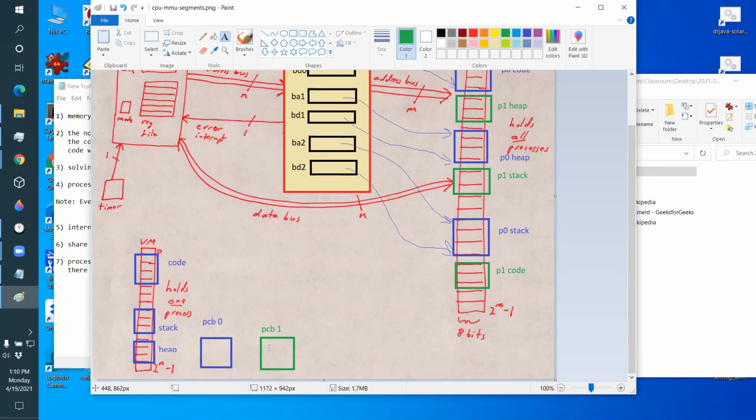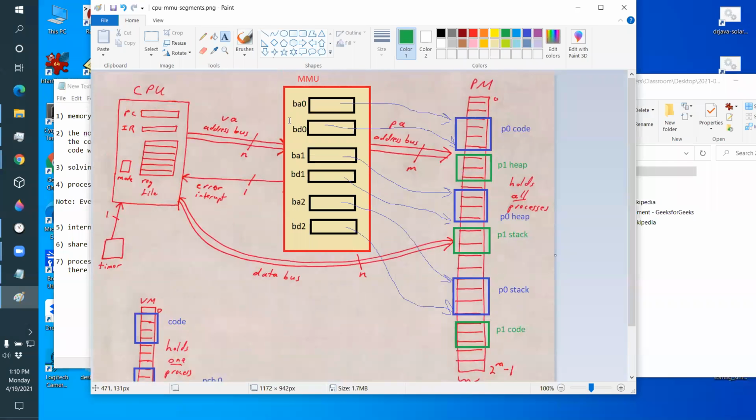You go over here to process 1's process control block, and you load everything from here into the CPU registers in the memory management unit. And then this base register will be pointing to down here. Notice that this is the code. If we think of this as code, heap, and stack base and bound registers, then when you update this, the code will go from here down to here.